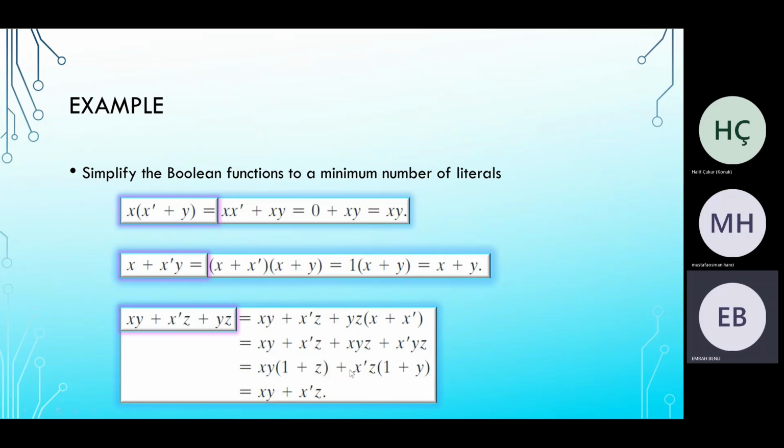And x prime z parentheses here. 1 comes from here, and y comes from here. And this one will be 1. This one will be 1. xy or x prime z. That's the simple version of this. So we got rid of this part. So we have a smaller circuit now.